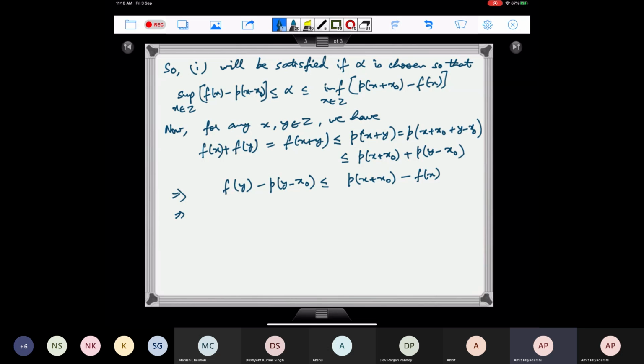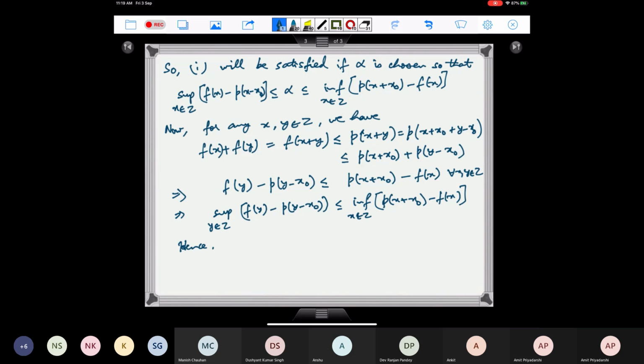So this implies this is true for all x, y in Z. So therefore, the supremum of f of y minus p of y minus x naught, y in Z, is less than or equal to the infimum over x in Z. So hence, we can choose alpha satisfying 1. So we are done.